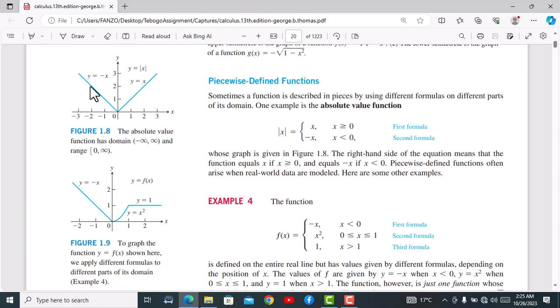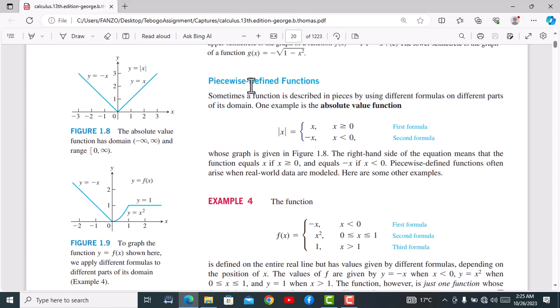We have this function for y equals minus x, and another piece, y equals x, where the gradient is positive. Very important, and it has this domain, and the range is from 0, and 0 is included because the graph is defined at 0, going upwards to positive infinity.